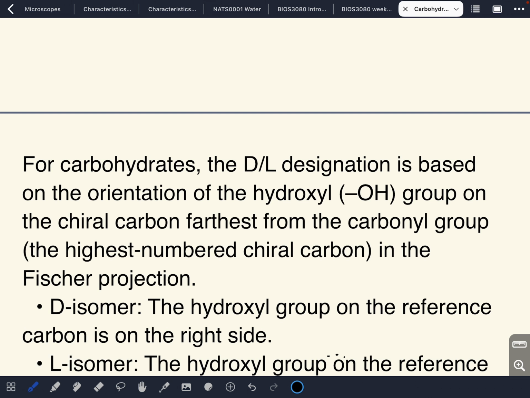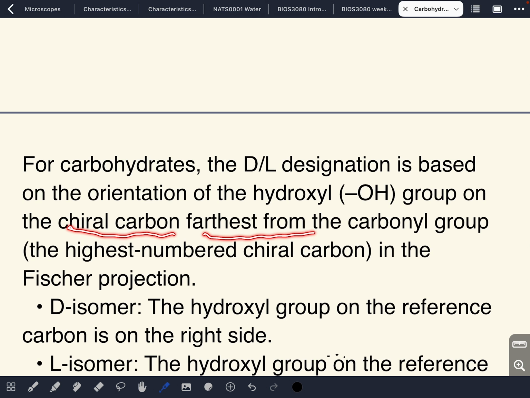And we can also define something that is called a D and L designation, which is based on the orientation of the hydroxide group, I should say, on the last chiral carbon.